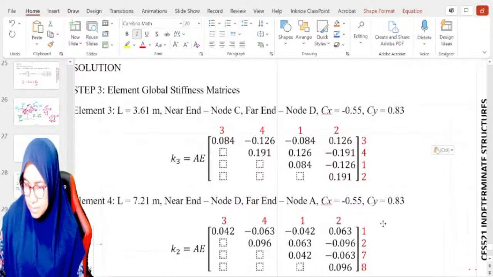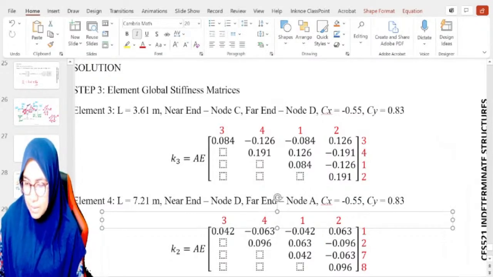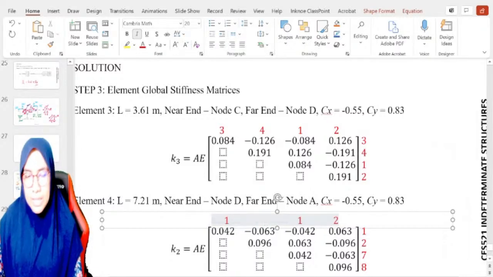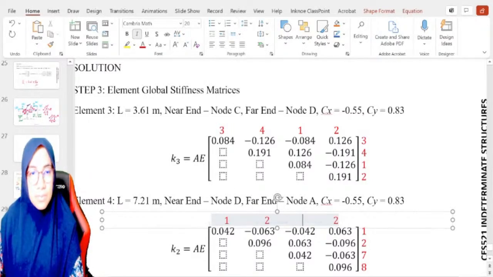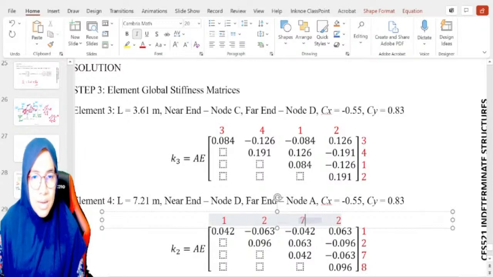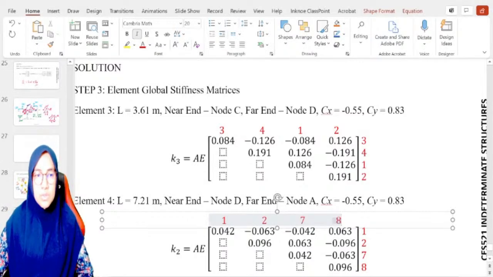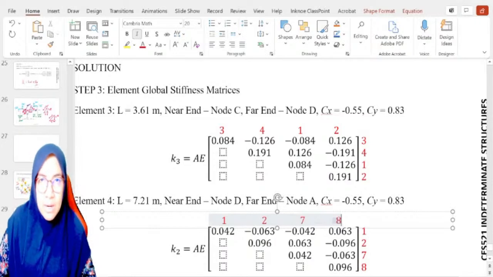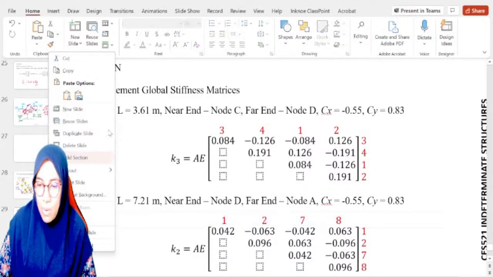We label near X, near Y, far X, far Y. So this is for element number 4.